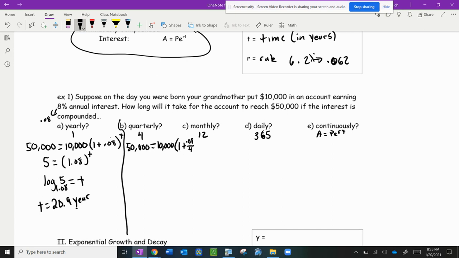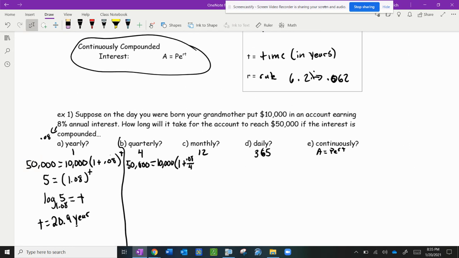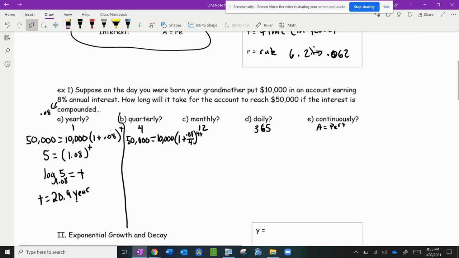That's our quarterly compound. I'm just using this equation where my n is up here, so now I have a 4 up there. So I have 5 is equal to 1 plus 0.08 over 4, raised to the 4t.